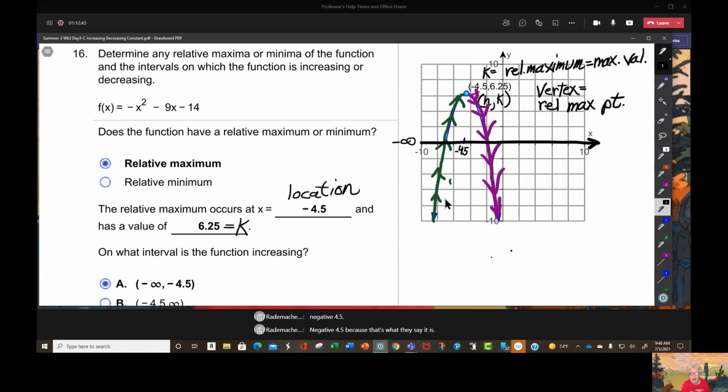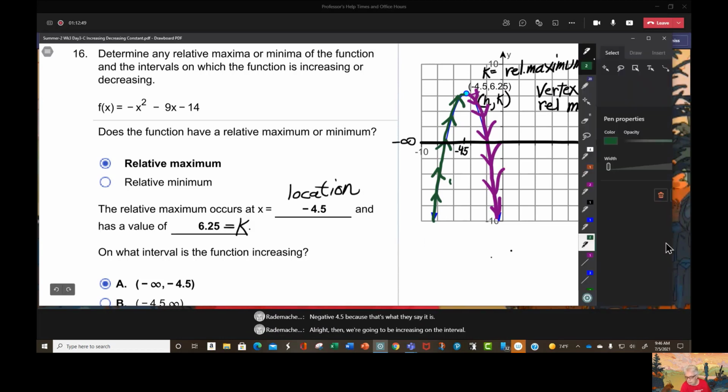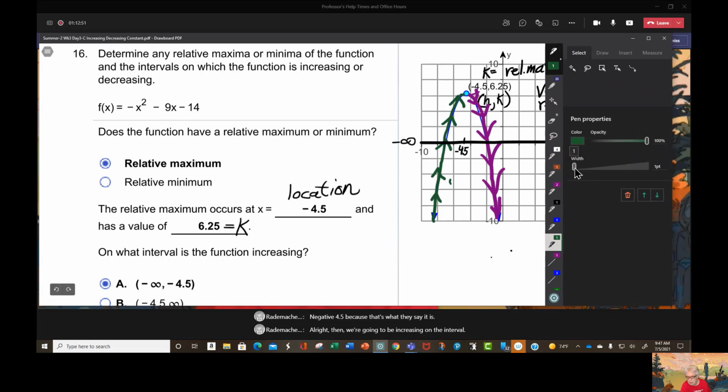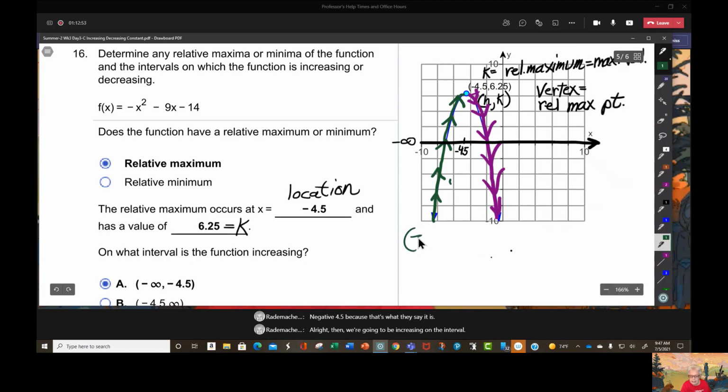All right, then we're going to be increasing on the interval negative infinity to negative 4.5. There it is, right there.